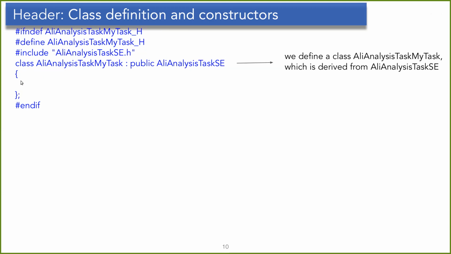And in this curly bracket we will further define all the other members of our analysis task. And here you can see I have also included AliAnalysisTaskSE.h, which is the header file of this AliAnalysisTaskSE class.